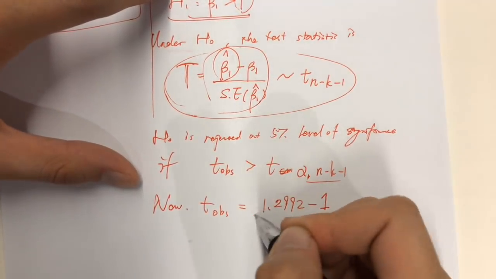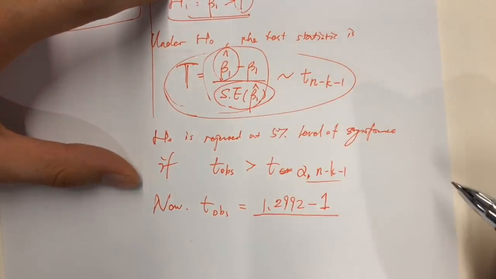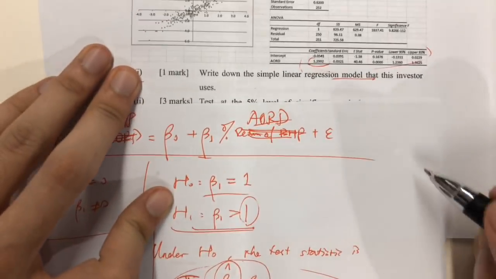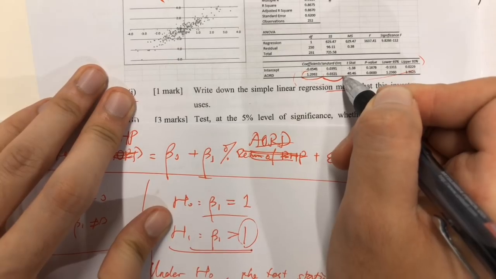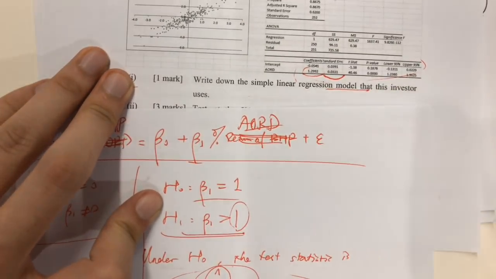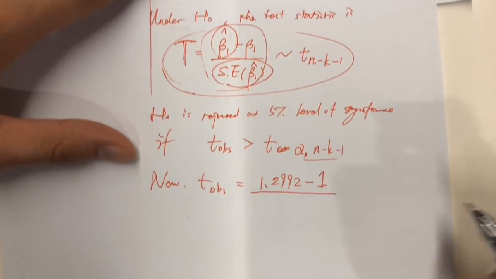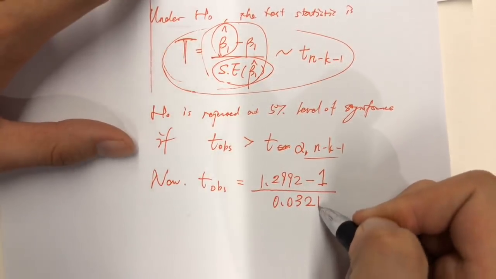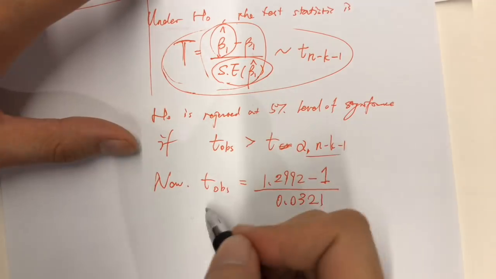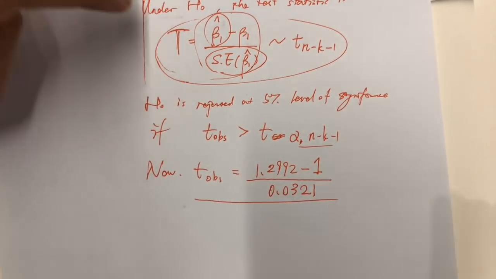Minus 1. And then divided by the standard error of beta 1 hat. So the standard error is actually here, which is 0.0321, okay? So can anyone calculate this result for me?